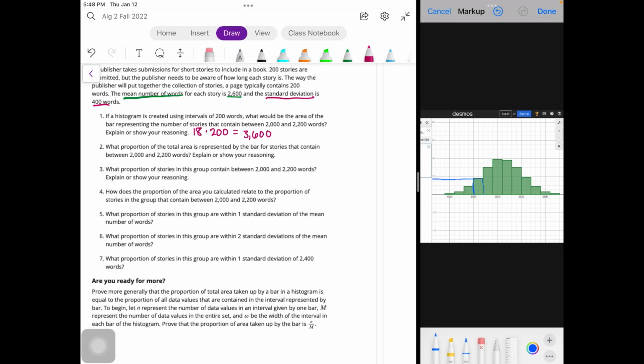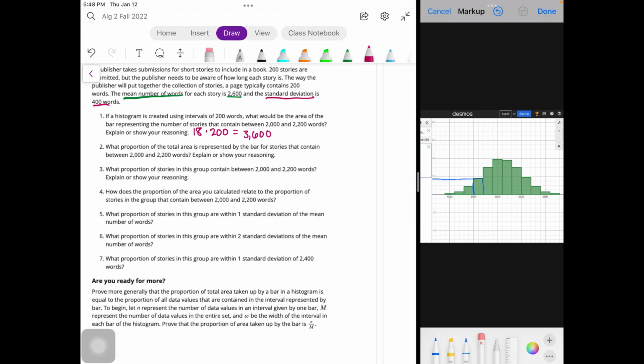All right, what proportion of the total area is represented by that bar? We don't even need to find the total directly. We know we have 200 stories, and each bar is 200 units wide.